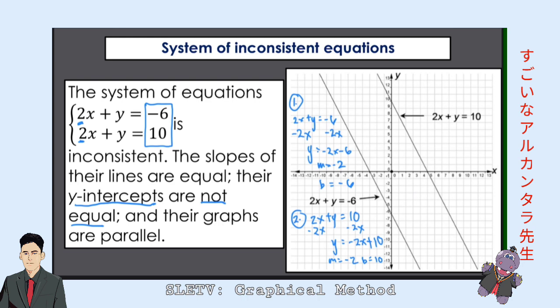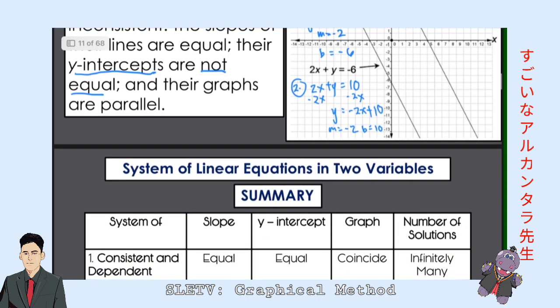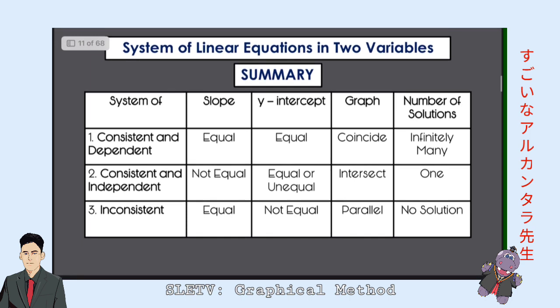So to summarize our kinds of systems, we can put it on a table like this. So for system of linear equations in two variables, we can say that a system is consistent and dependent if the slopes are equal, the y-intercepts are equal, meaning the graph will coincide and the number of solutions is infinite.